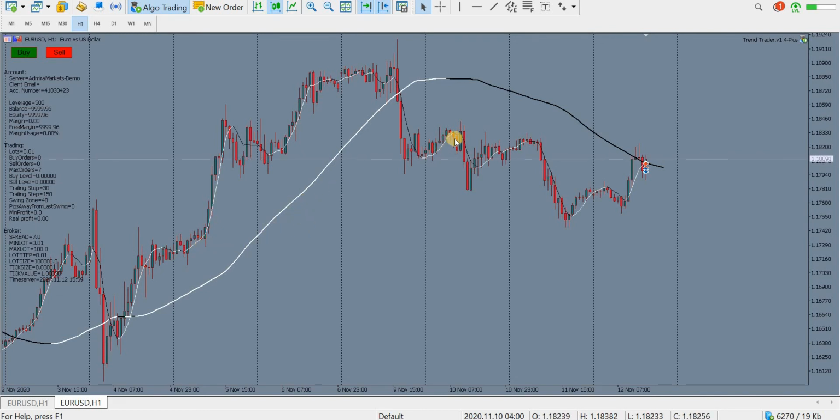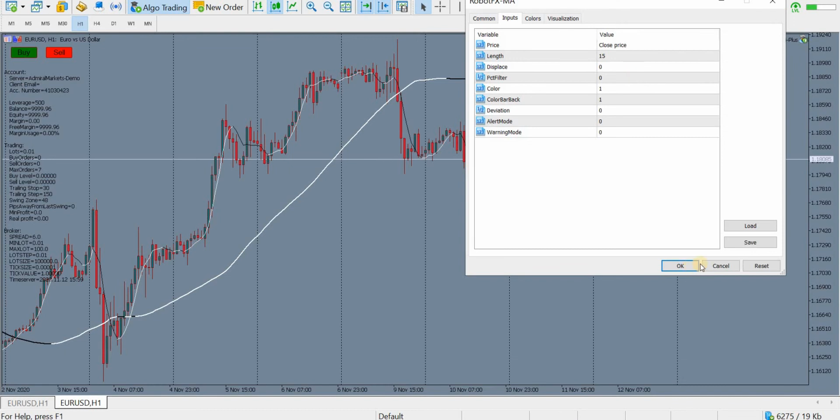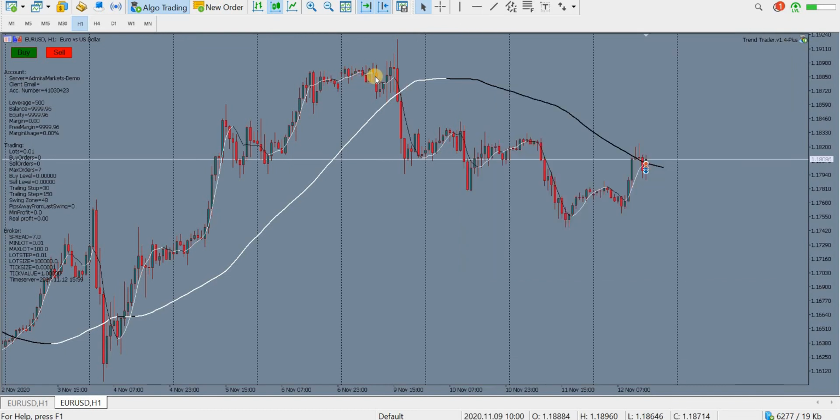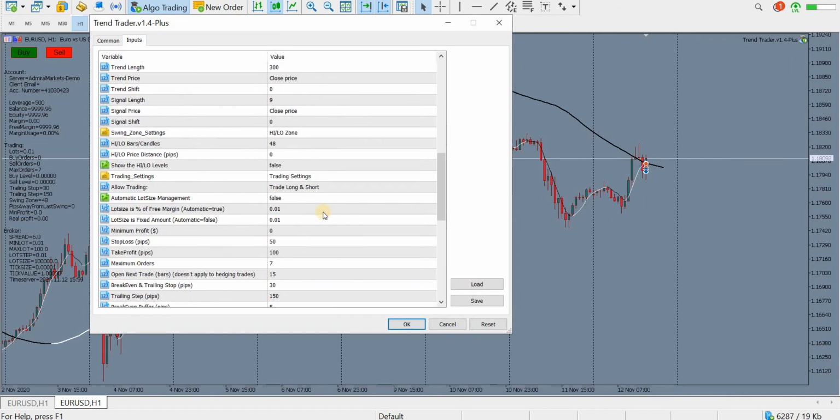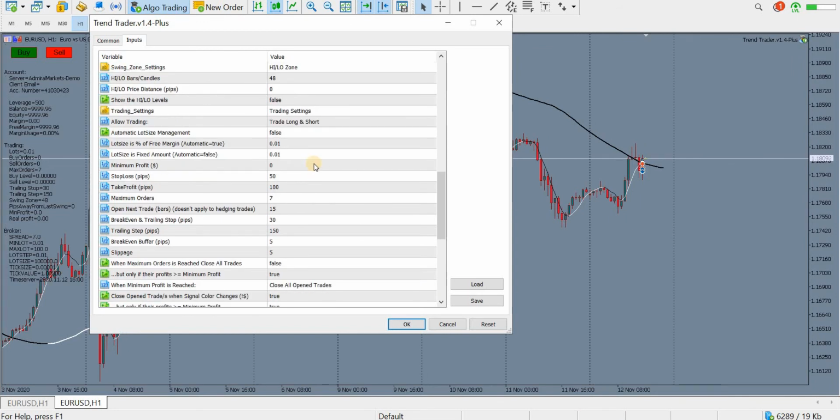Again, if you want more signals, you can set the signal line to a lower value, maybe even 12, not 15. But that means more signals, but maybe not so good signals. Since we are talking about Forex, we will never know for sure. That's the bad thing. Otherwise, we'd all be rich and famous.